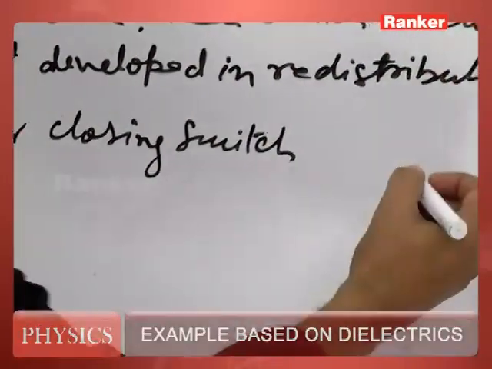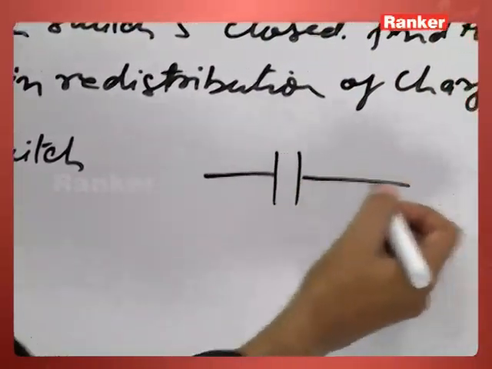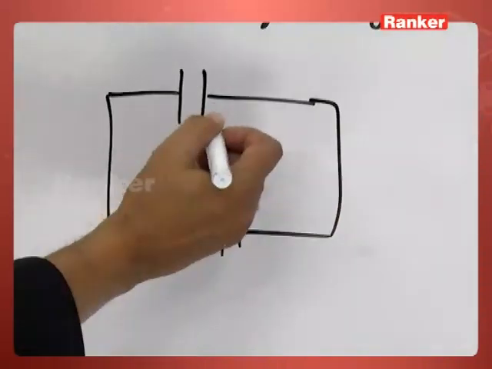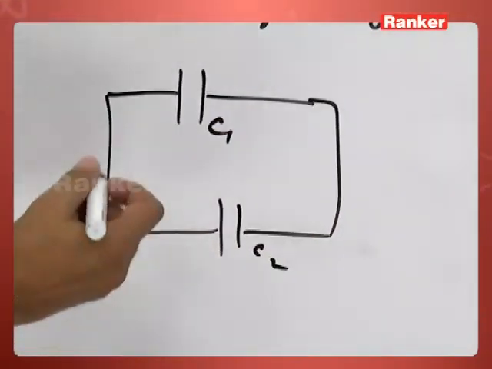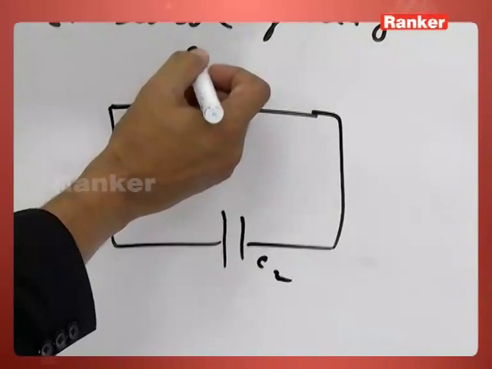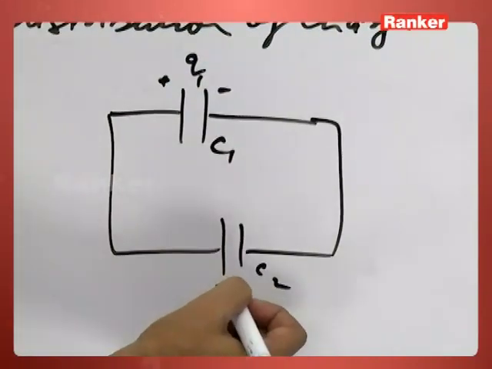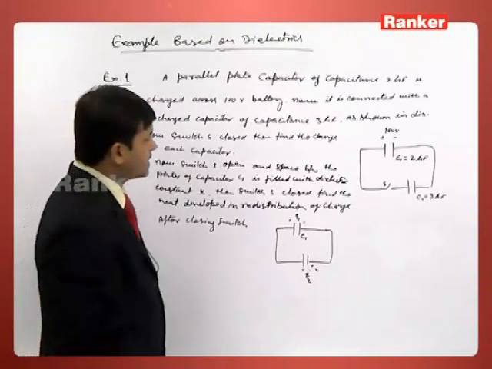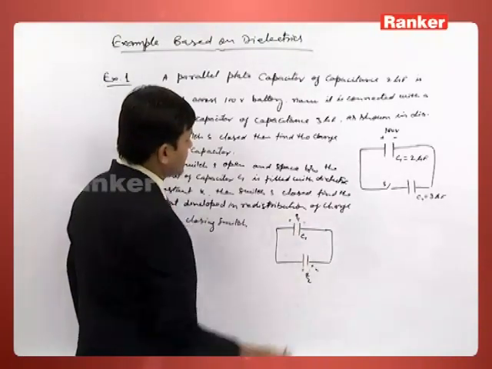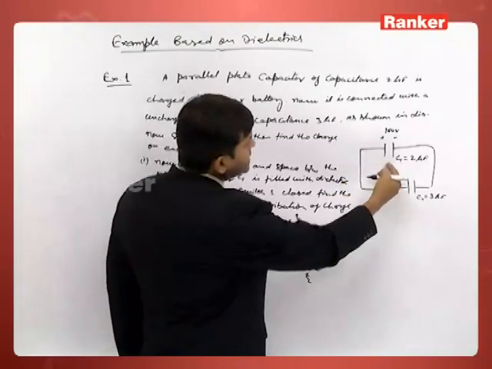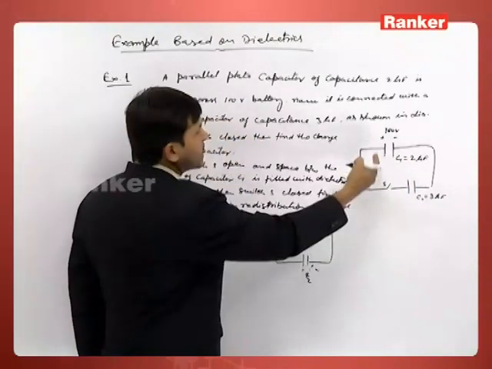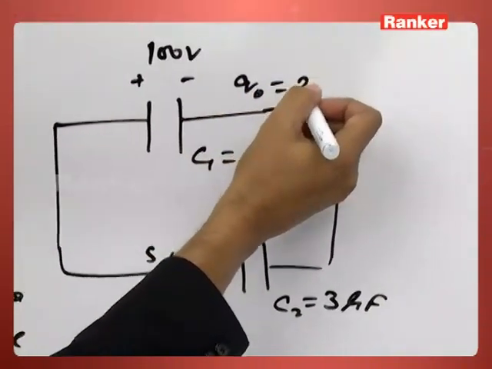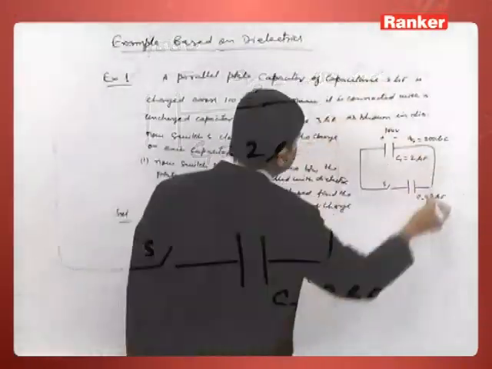now see the diagram. This is the diagram, C1, C2. Let the charge on this be Q1 and here the charge be Q2. Now we can apply Kirchhoff's first and second law. So initial charge means when it was charged by the 100-volt battery. At this moment, the charge on this is 200 microcoulomb.